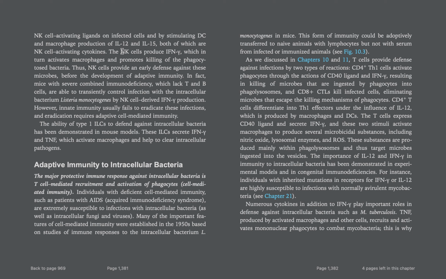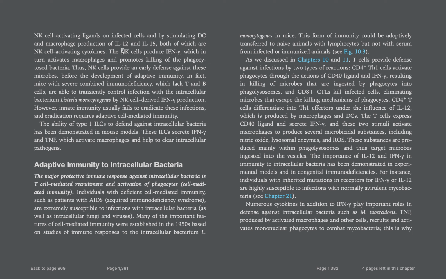The ability of type 1 innate lymphoid cells to defend against intracellular bacteria has been demonstrated in a mouse model. The innate cells secrete interferon gamma and tumor necrosis factor, which activate macrophages and help clear the intracellular pathogen. Adaptive immunity to intracellular bacteria.